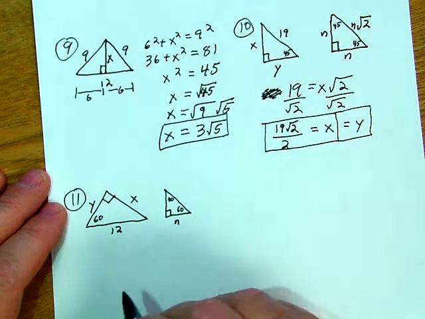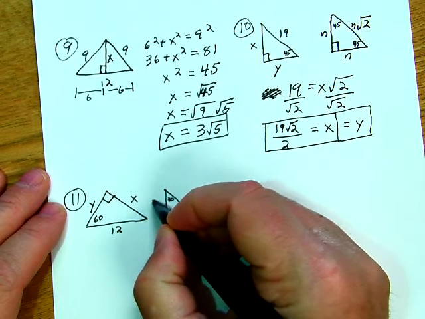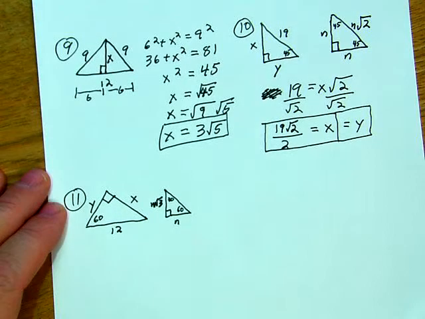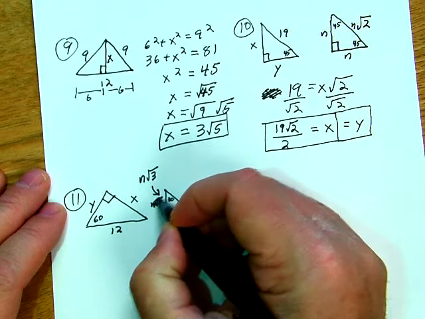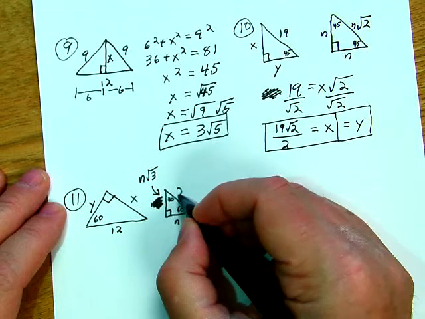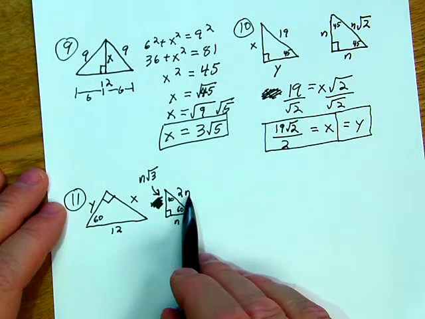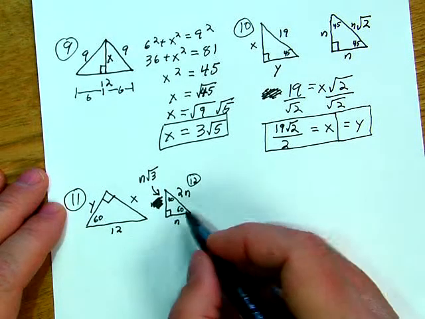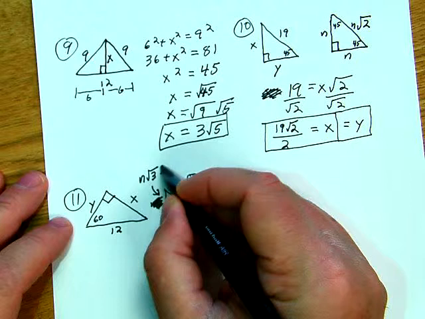This is n, the short leg, and this is n times the square root of 3. And then this is 2n. Now if you spin this around, this 12 is right here. And this 60 down here, that's this y, and this up here is x.